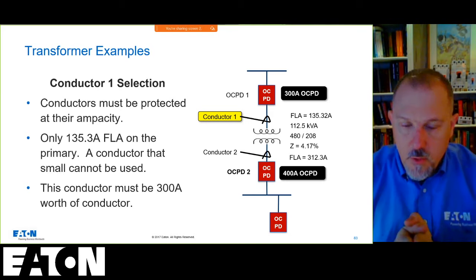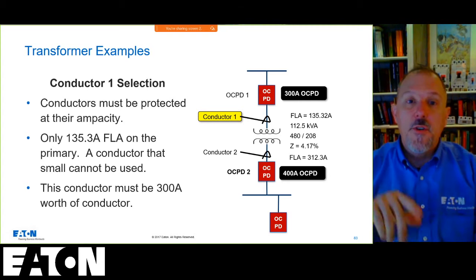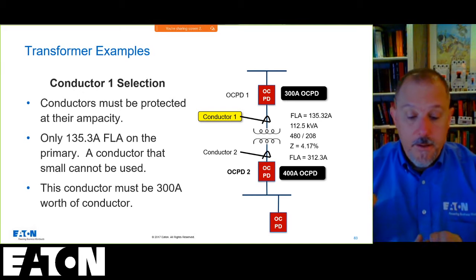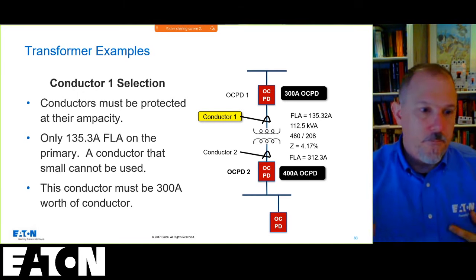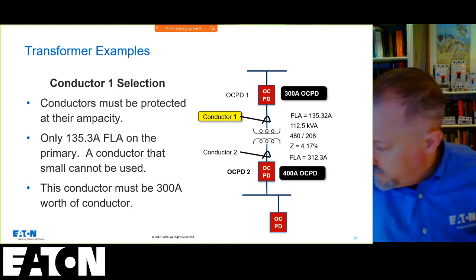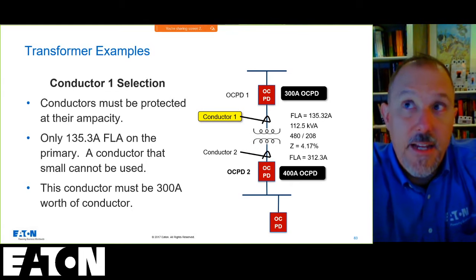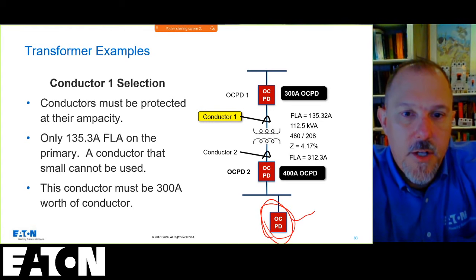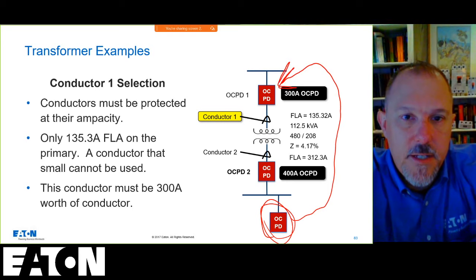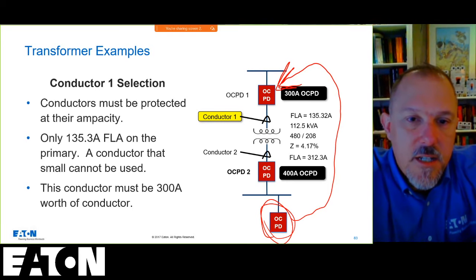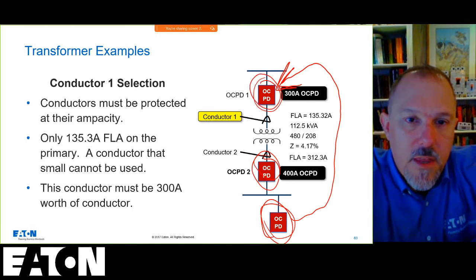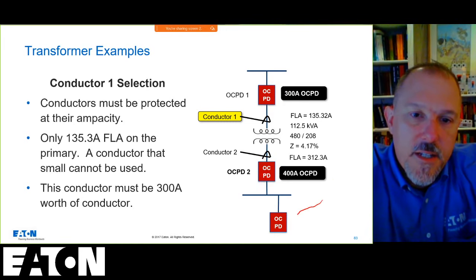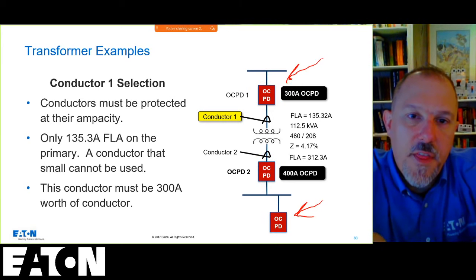If I am selectively coordinating through that transformer, I'm going to be driven to a larger primary overcurrent device, not because of inrush, but because I need this device to selectively coordinate with that device. I don't need this device to selectively coordinate with that device. I need this device to selectively coordinate with that device.